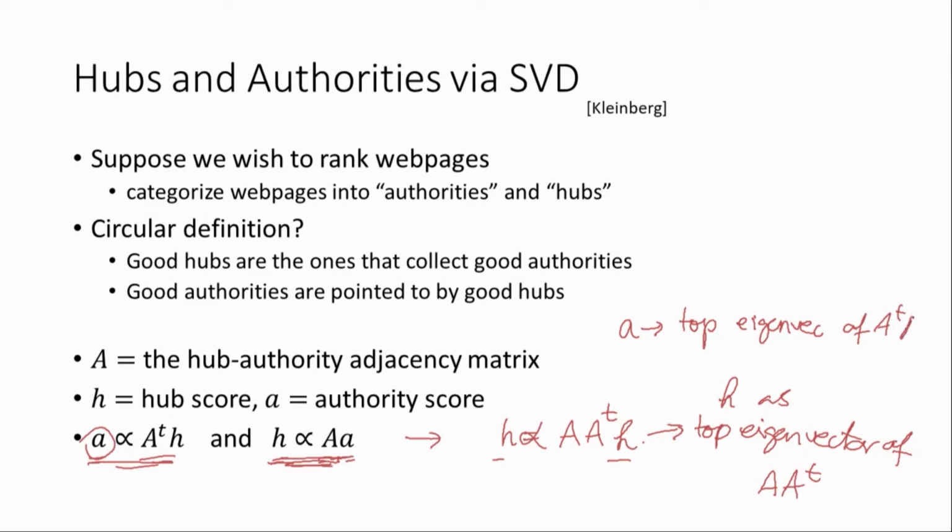What would be the authority score? The top eigenvector of A transpose A.